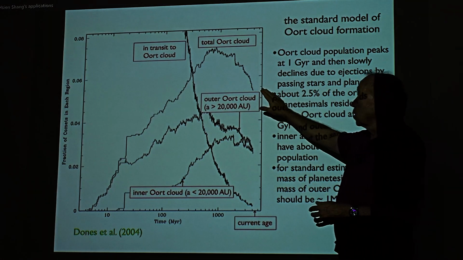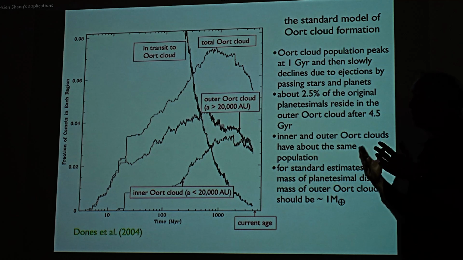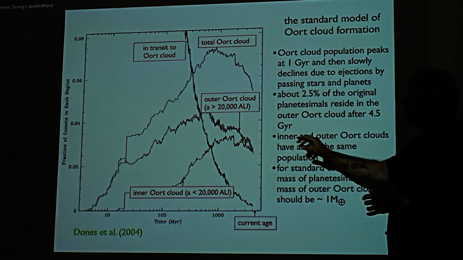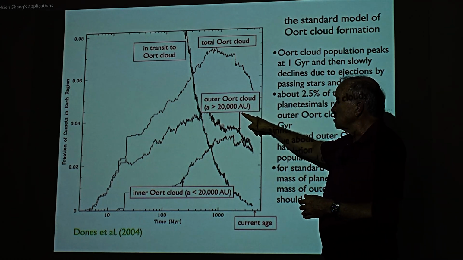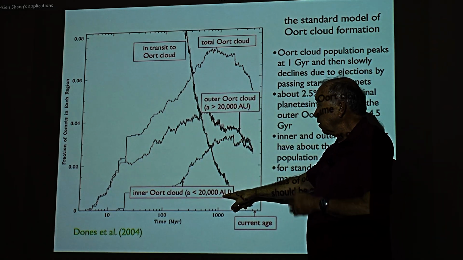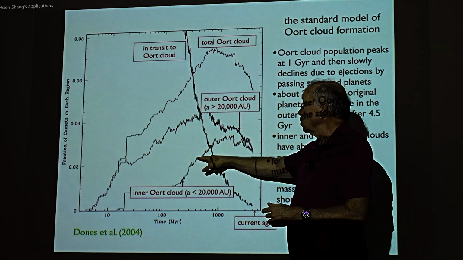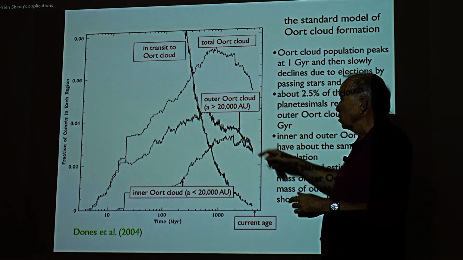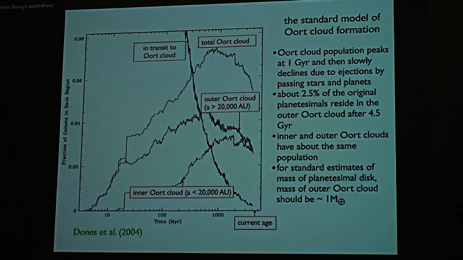That's the total Oort cloud. What we see in the Oort spike is typically comets with a semi-major axis bigger than about 20,000 AU. There's also an inner cloud that's not visible to us, and you can see that the populations of the two are at the present time about equal.